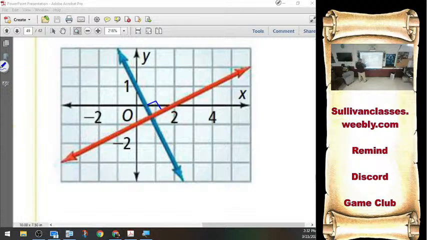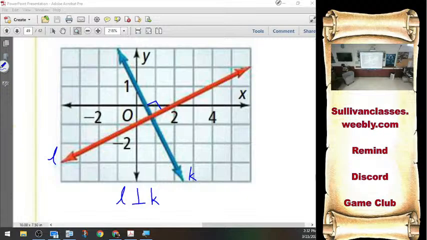So when I say that line L and line K are perpendicular, the symbol for it is kind of an upside down capital T. It looks like it hits at a 90-degree angle.